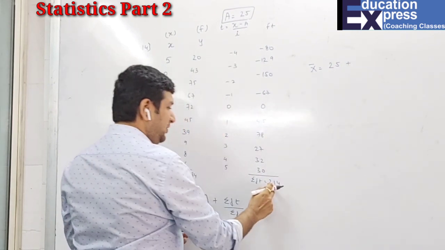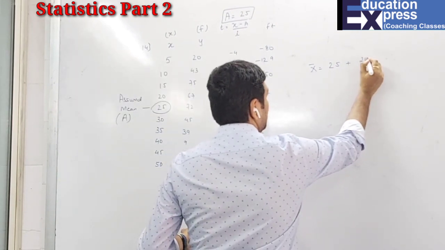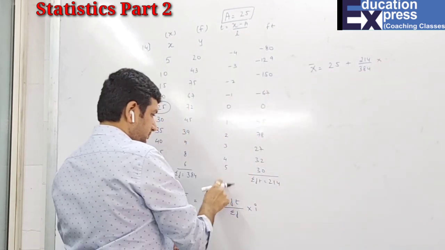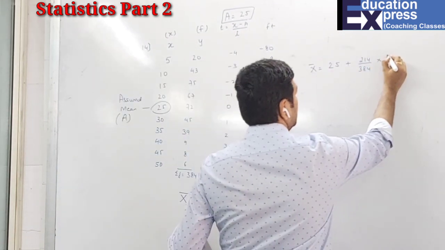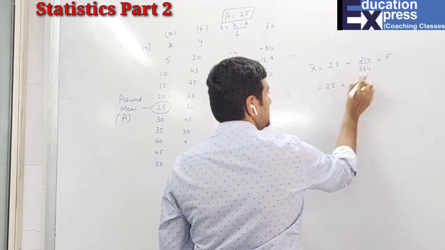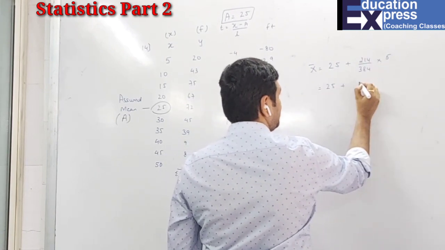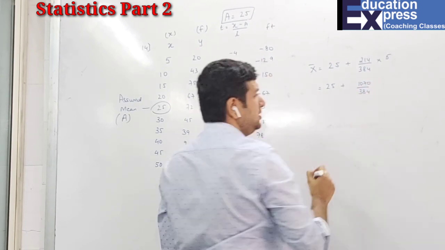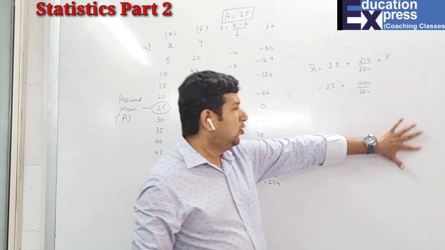What is sigma ft? 214 upon 384 into the class interval 5. So 25 plus 214 into 5 is how much? 1070 divided by 384.